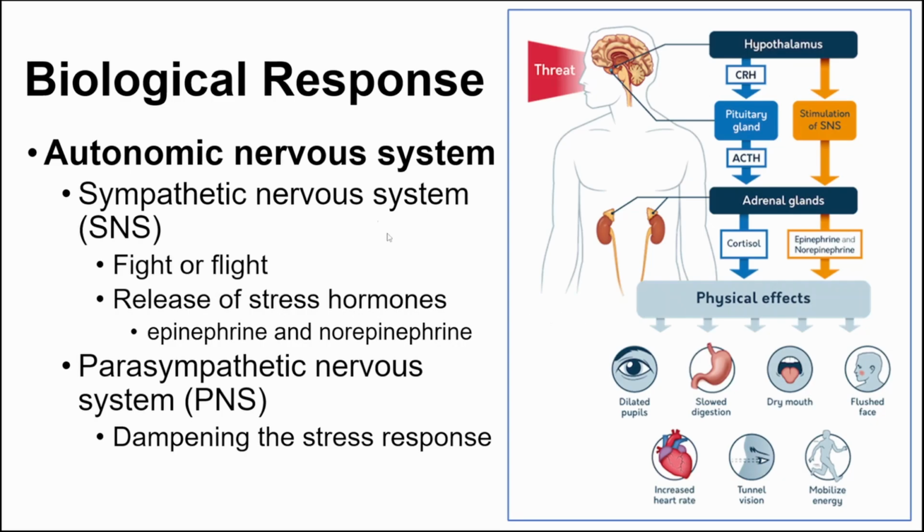But of course, if this is ramping up that fight or flight response, we also need a coordinating system to ramp it back down again. This is where the parasympathetic nervous system comes in. So the sympathetic nervous system is how we ramp up under situations of stress. Parasympathetic is going to ramp us back down again to return to our homeostatic balance point.